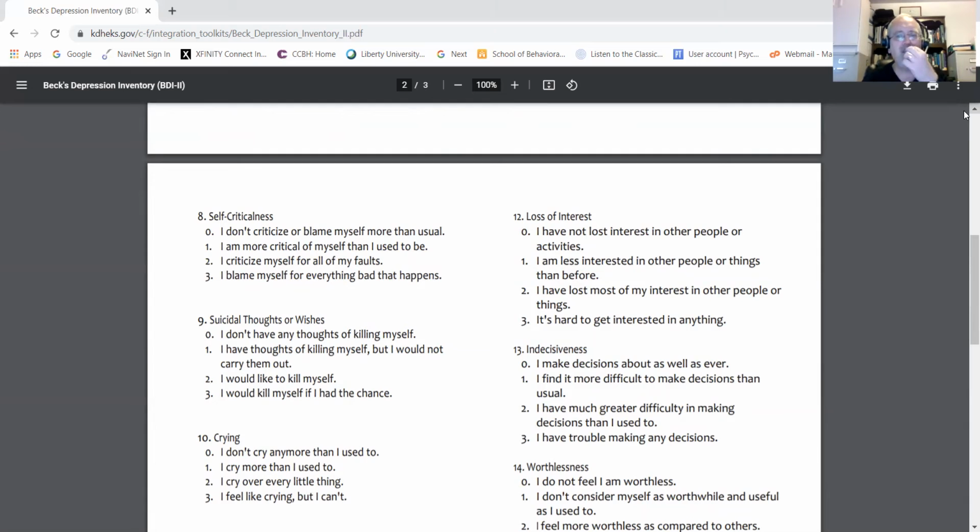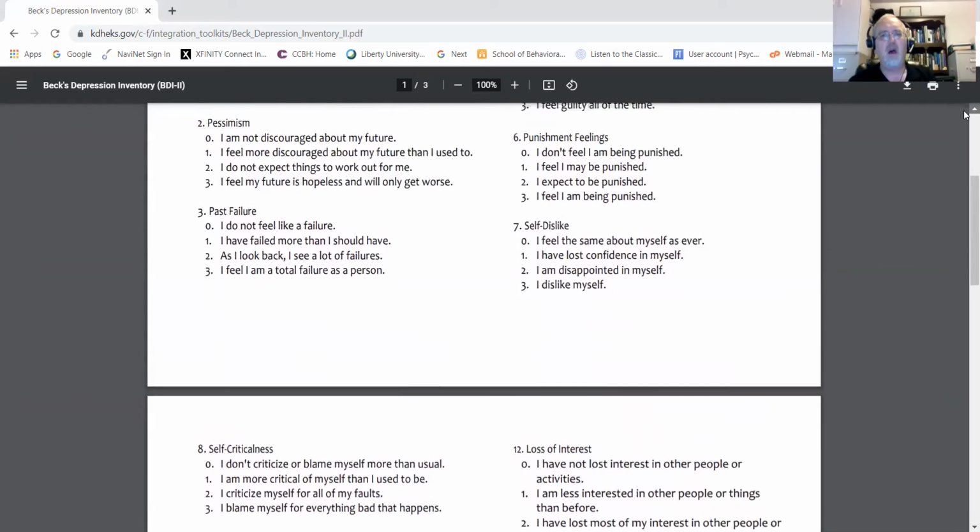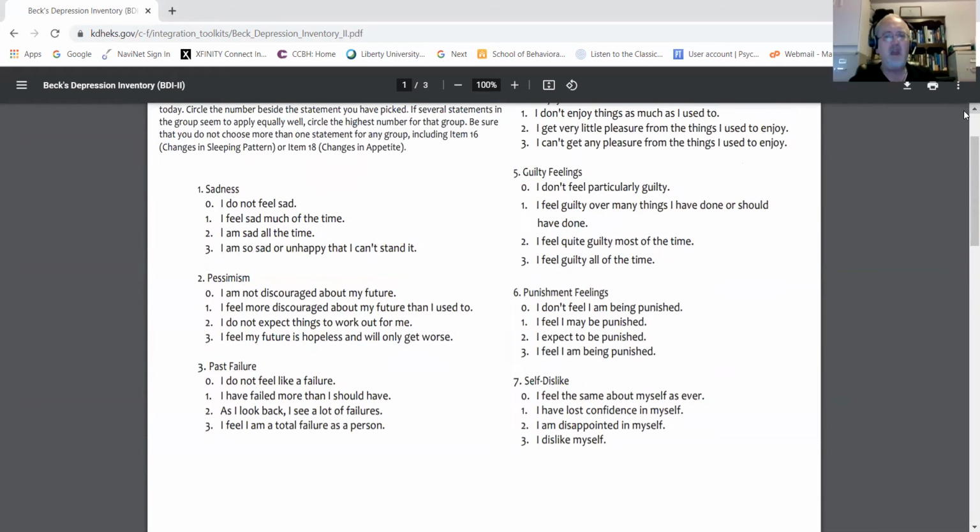If you look at all 21 items, they're pretty much what you would expect to be the major factors distinguishing the two groups. You could almost look here and see each item relating to a specific symptom of depression that you most commonly hear about. Feelings of punishment, feelings of guilt.